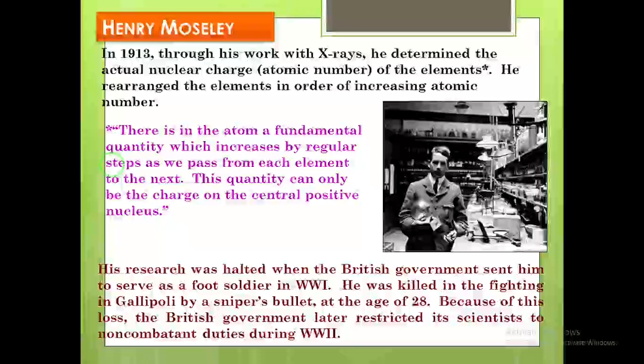Although his research was cut short during the World War, when he was killed by a sniper at the age of 28, that's a pity. He could have probably discovered some new amazing things, but his short life was enough to give us a modern periodic table.